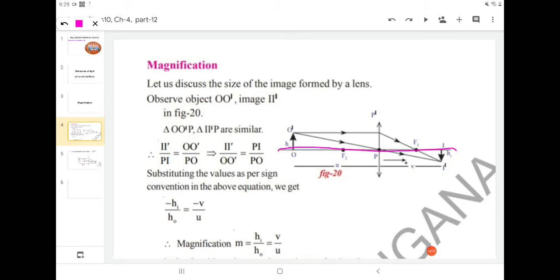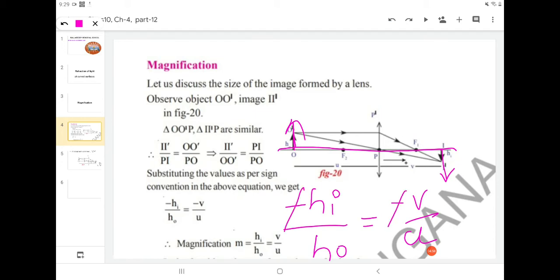From this diagram, the object height is positive because it is measured upwards, and the image height is negative because it is measured downward. So we can write minus HI by HO equals minus V by U. Now this minus gets cancelled.